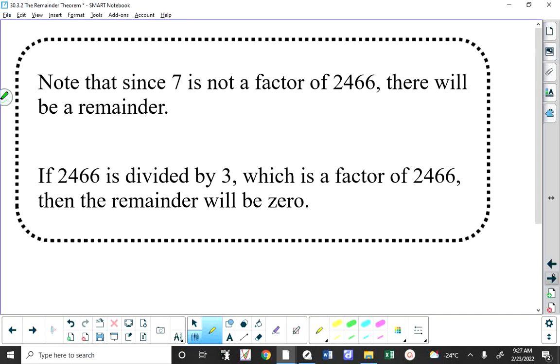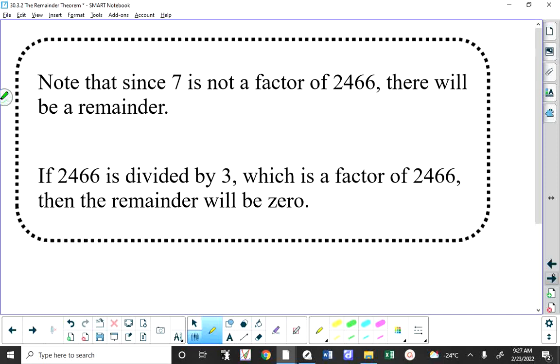That if you divide one quantity into another and you have something left over, which we call a remainder, that means the thing you were dividing in is not a factor. So we're going to have a remainder when we do this division. On the other hand, and this isn't part of the question, but can you take your calculator and take 2466 divided by 3? Well, I believe you're going to get 822, if my thinking is right.